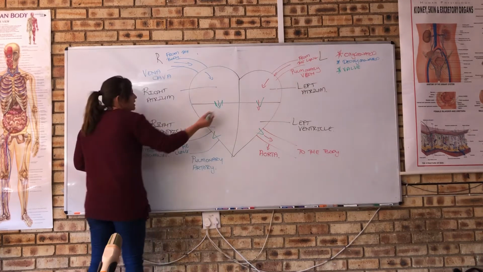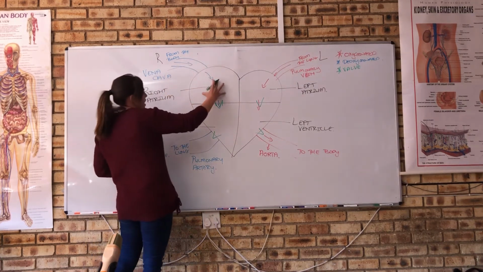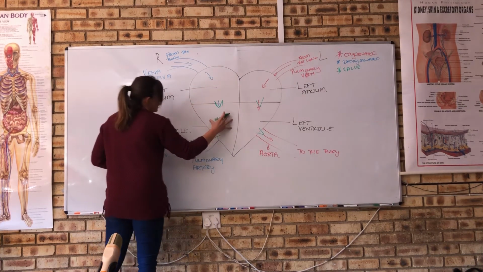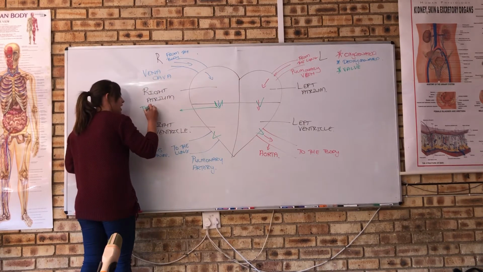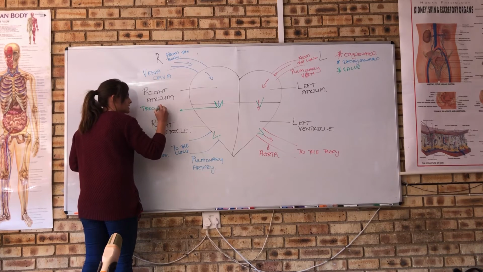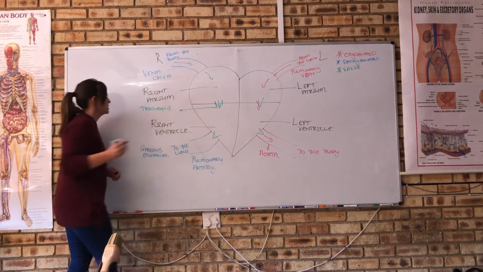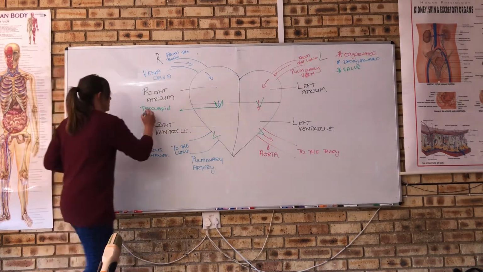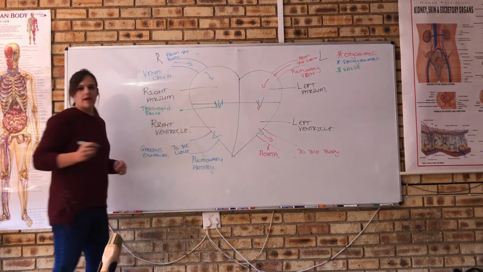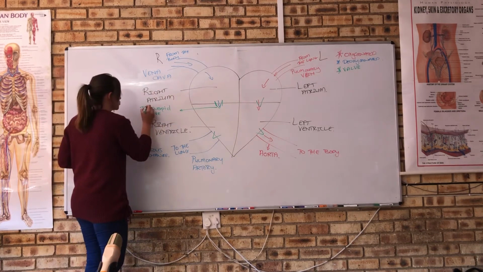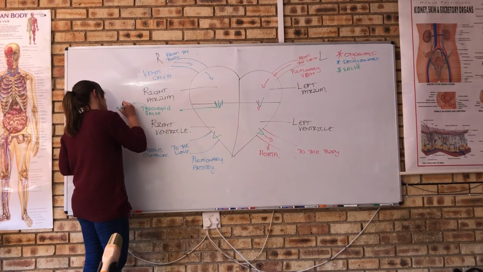So in green, the valve between the right atrium and the right ventricle is called the tricuspid valve. Okay? There's a R there. It's on the right side of the heart. Tri is on the right.